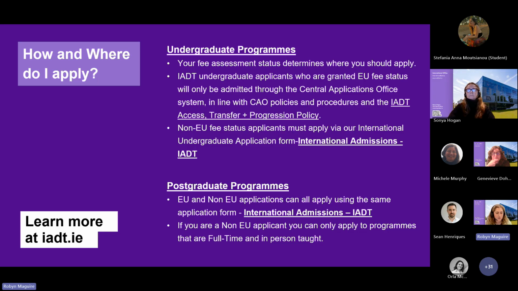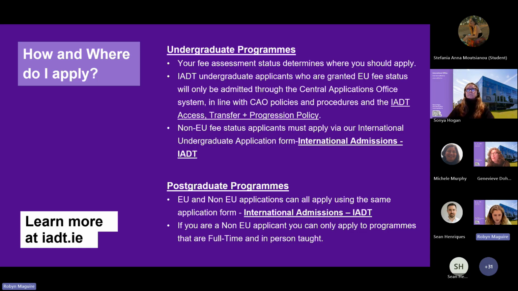If you have EU fee status, you apply via the Central Applications Office. So anyone from Ireland, the UK, the EU, EEA, Switzerland, Ukraine, they all apply via the CAO for our undergraduate programs. If you have non-EU fee status, so if you're from outside of the EU, you're an international student, you apply directly with us on the IADT International Admissions application form, okay?